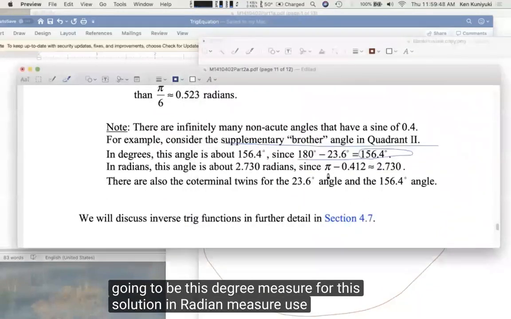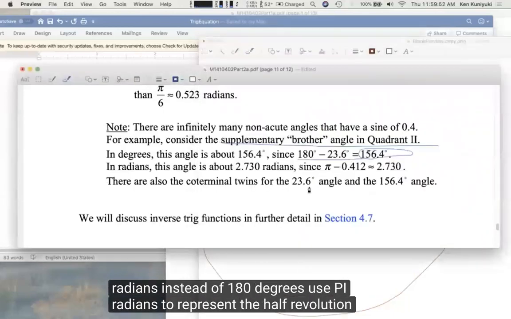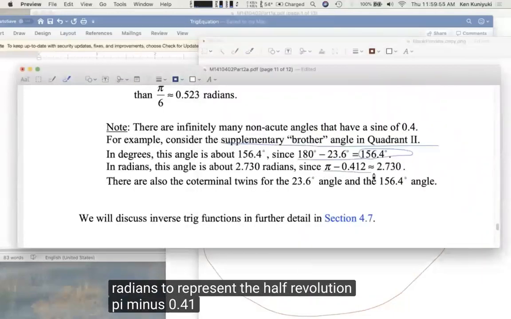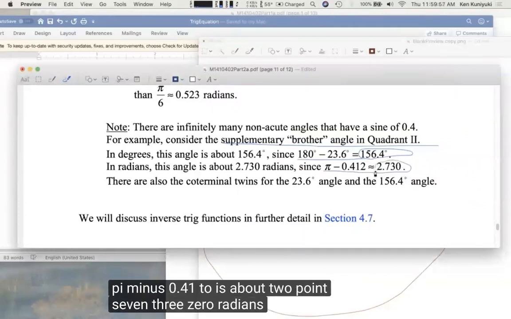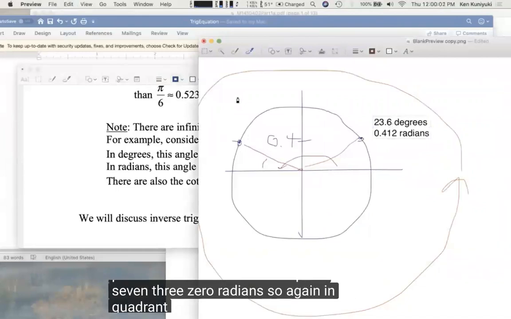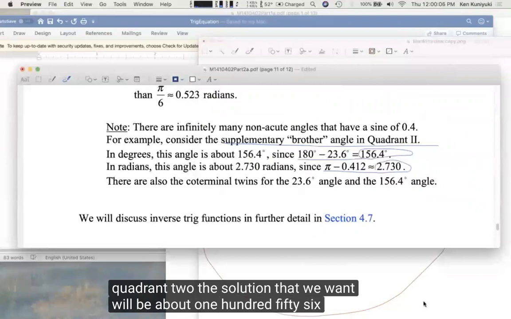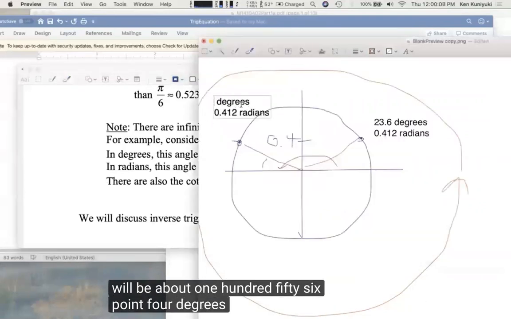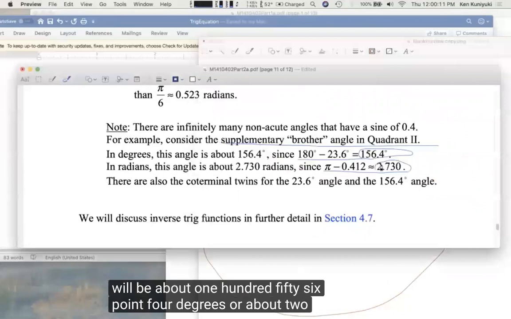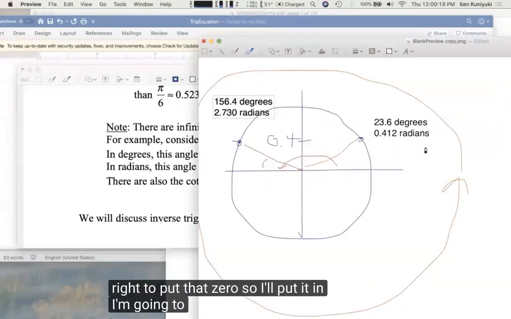So in degrees, that's going to be this degree measure for this solution. In radian measure, you use pi radians instead of 180 degrees to represent the half revolution. Pi minus 0.412 is about 2.730 radians. So again, in quadrant 2, the solution that we want will be about 156.4 degrees, or about 2.730 radians. I'm going to put these out to 3 decimal places.